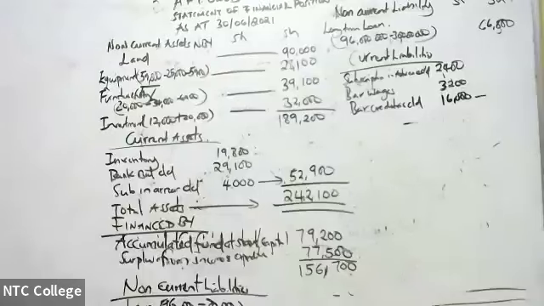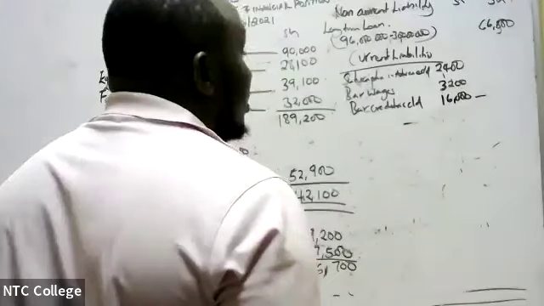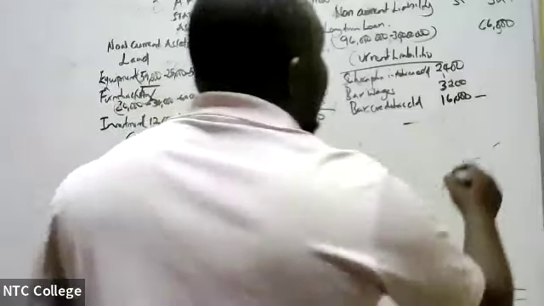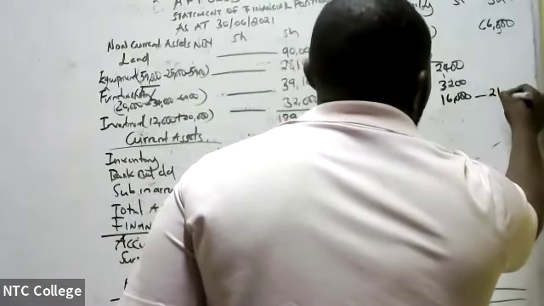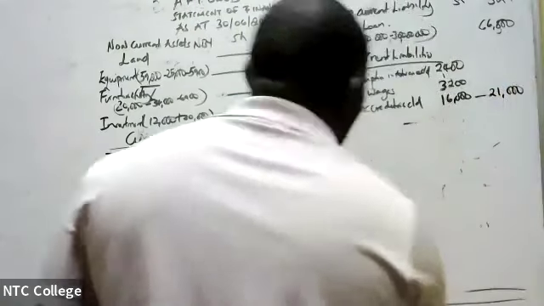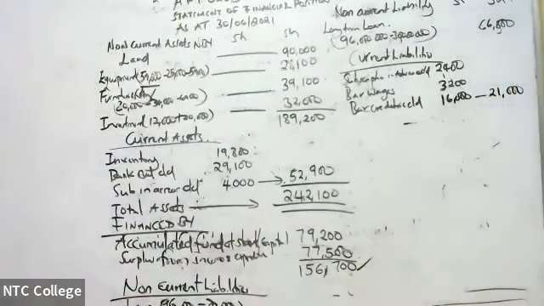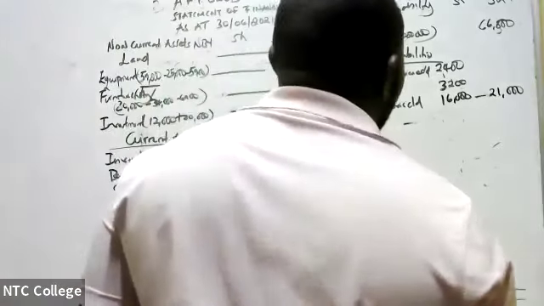So what is the total current liability? Current liabilities, 21,600. So add capital plus long-term liability. You say this 21,600.